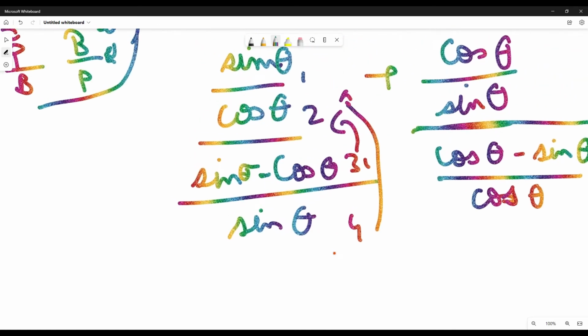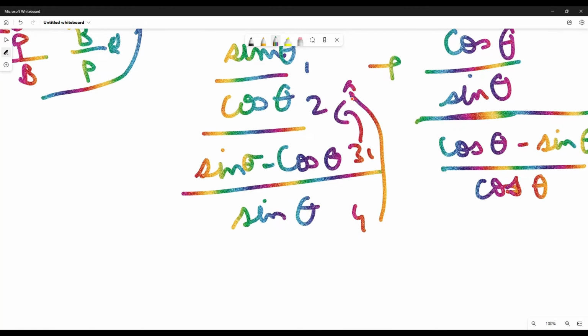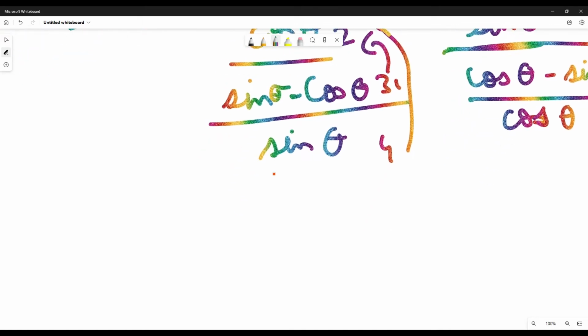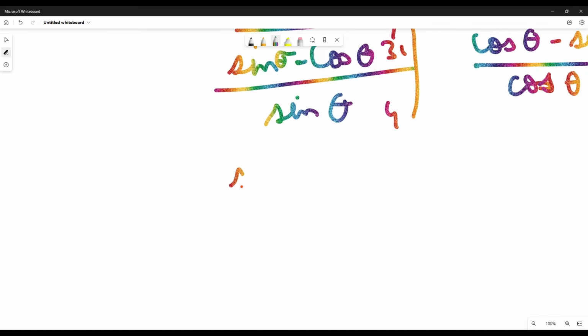Okay, so sine multiplied by 1. Wait a minute, right? So sine into sine square theta. I think it has gotten pretty simple now.